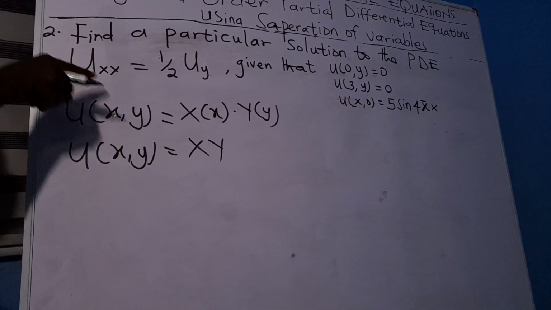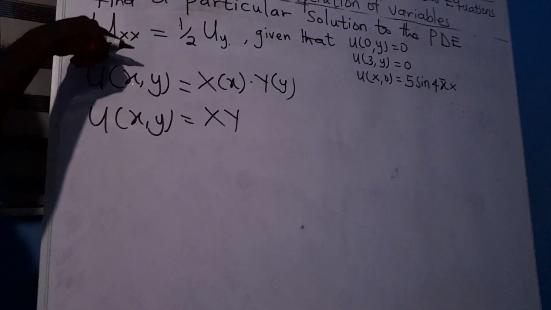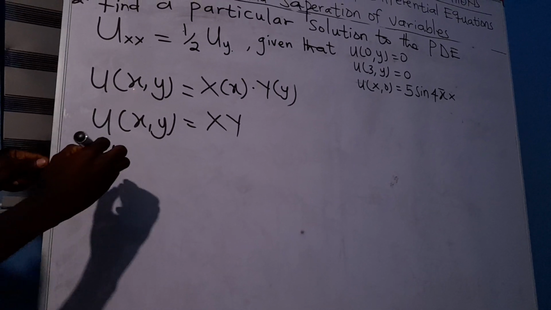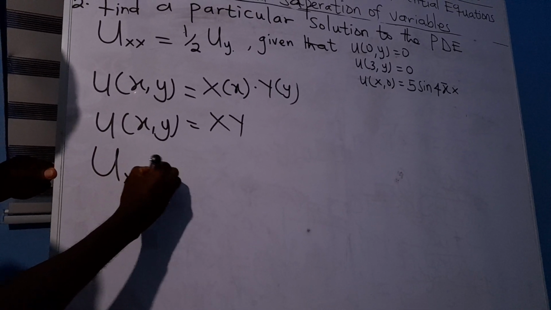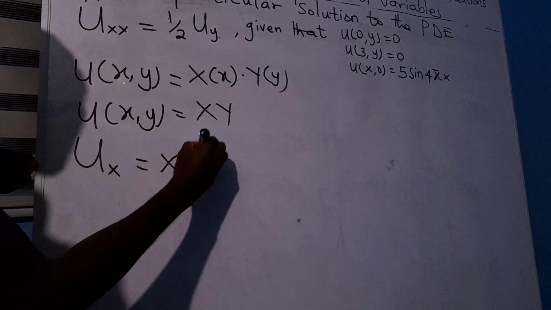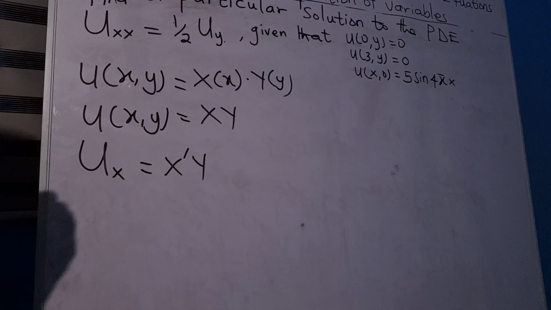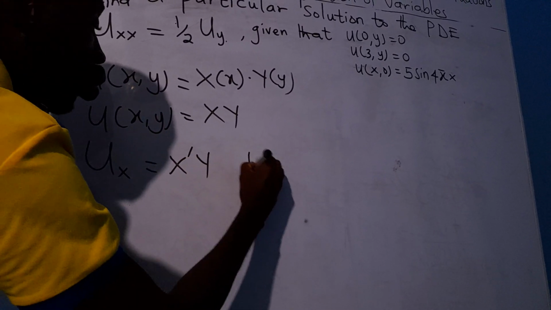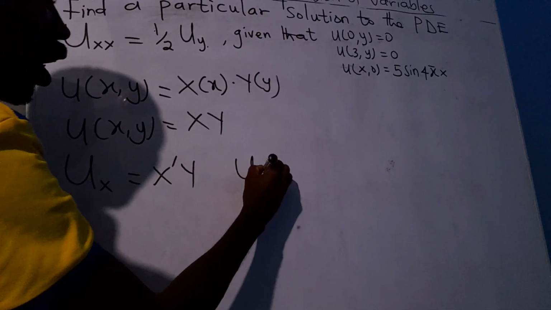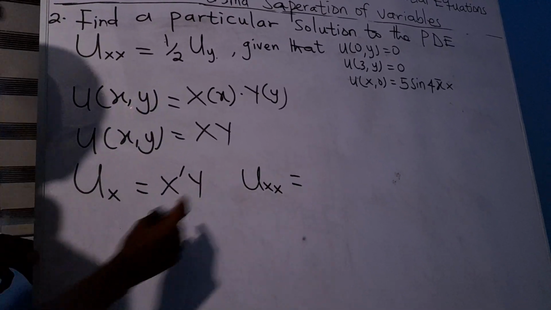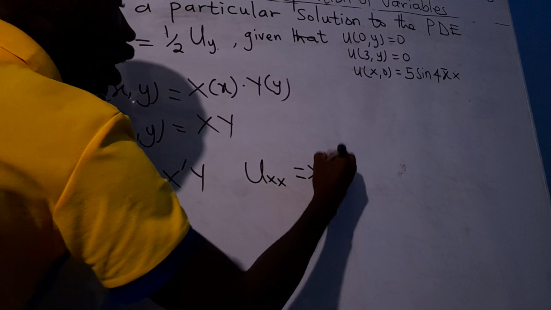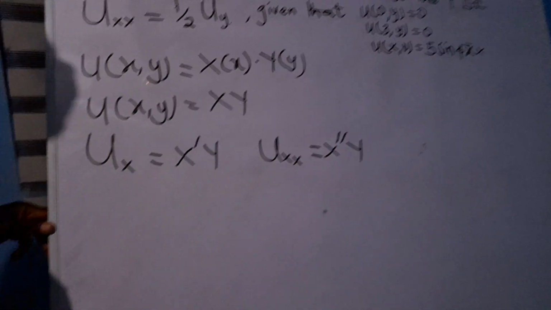We need the partial differentiation of u with respect to x twice. The partial differentiation of u with respect to x will be equal to X prime Y, and the partial differentiation of u with respect to x twice will be X prime prime Y.